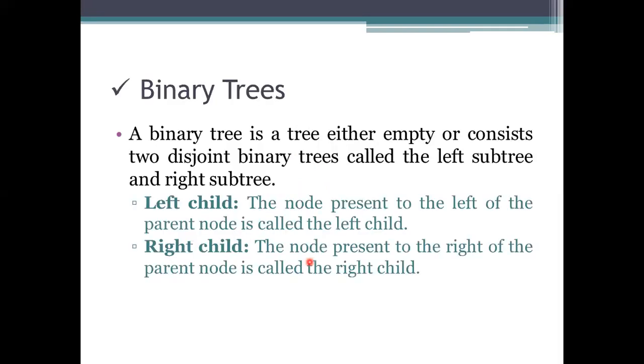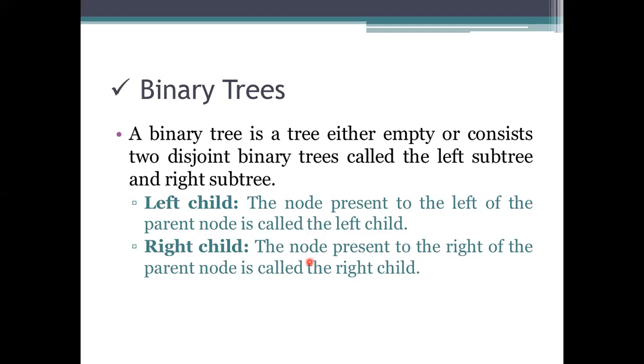And coming to tree representation, the one basic tree we have been discussing here is the binary tree. A binary tree has two nodes or two subtree representations, which are considered the left subtree and the right subtree.